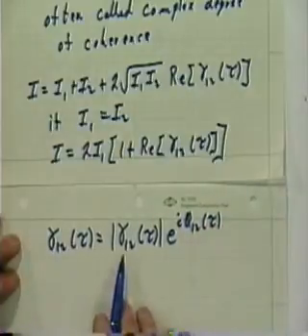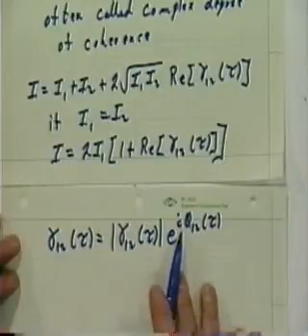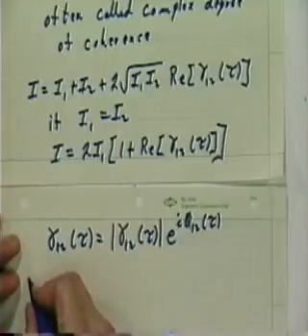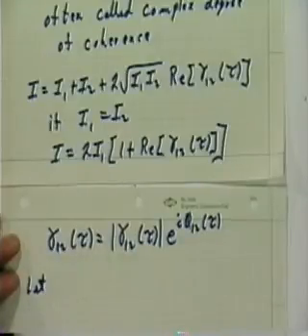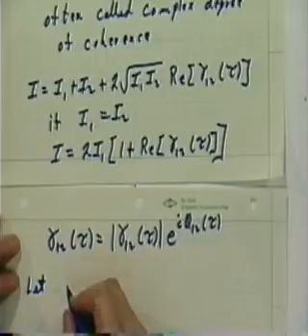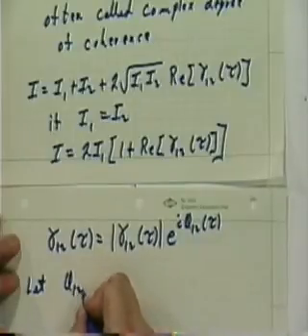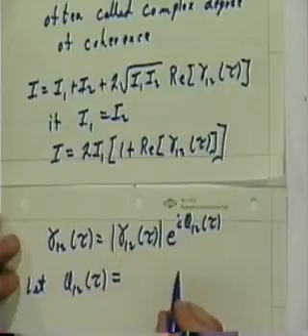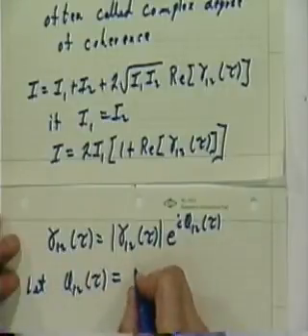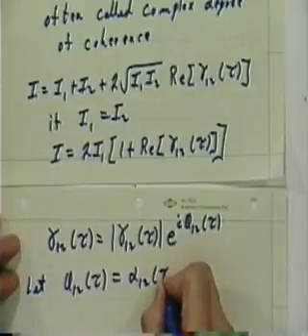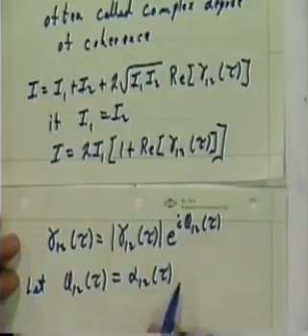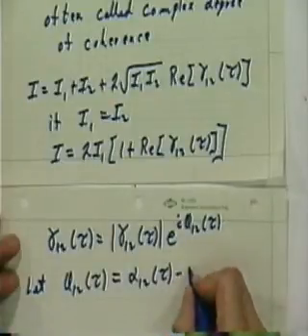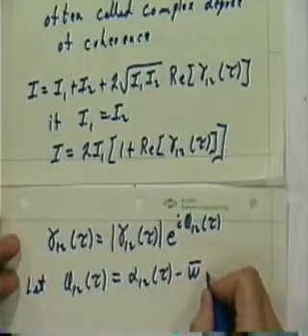I'm rewriting this complex number as a magnitude e to the i phase. Now, to be consistent with the books, I'm going to let the phase, phi 1/2 of tau, be equal to alpha 1/2 of tau minus omega bar times tau. You think I'm crazy to do this, but it's going to work out. Give me time.